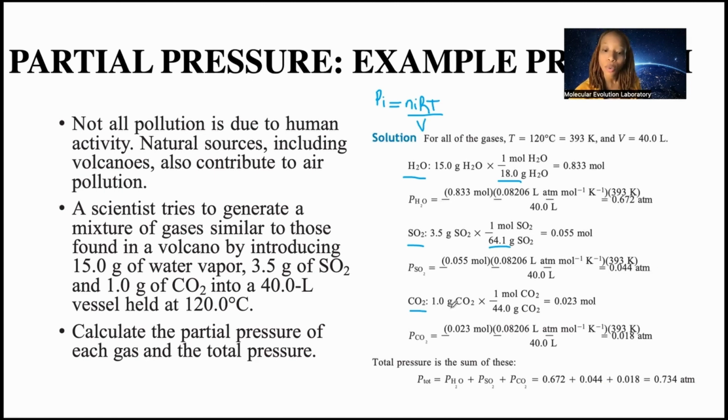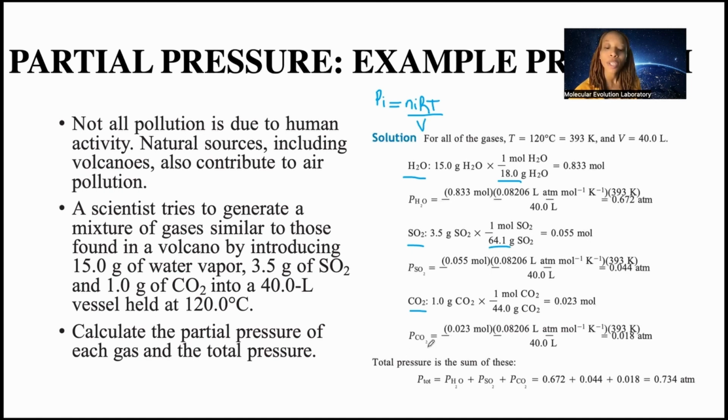For CO2, we're given 1 gram. We know the molar mass already is 44.0 grams. So 1 gram of CO2 times 1 mole of CO2 divided by 44 grams of CO2 gives us 0.023 moles.